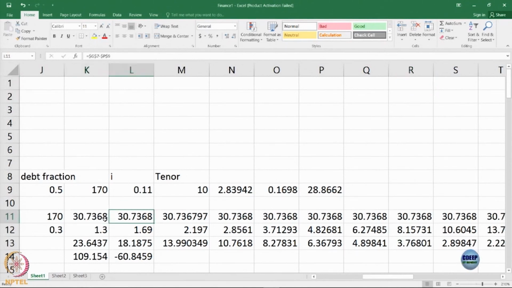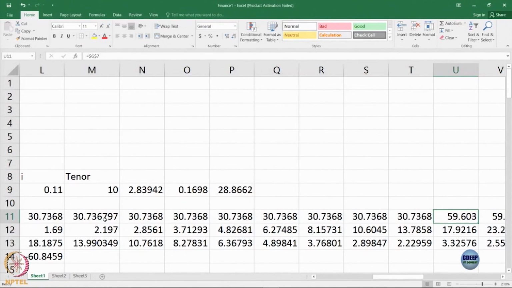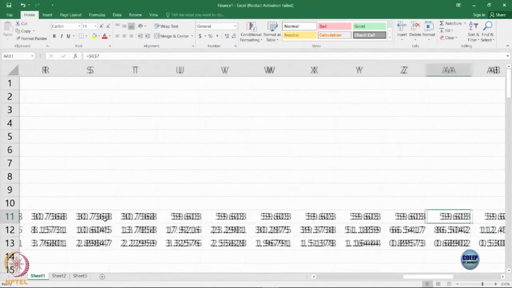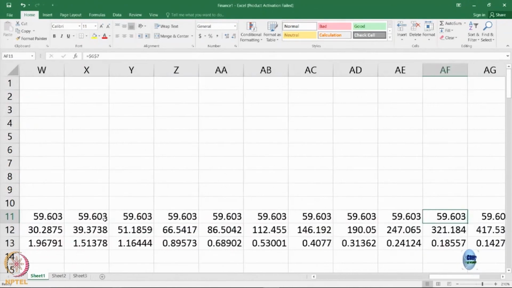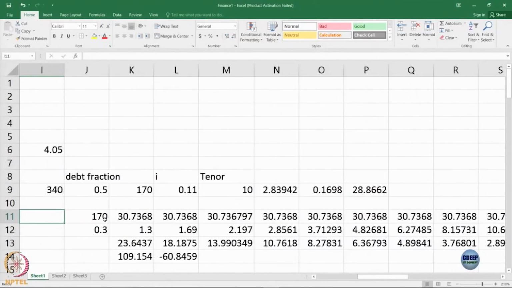If you see 1, 2, 3, 4, 5, 6, 7, 8, 9, 10 years. After the 10th year, from the 11th year onwards, it's 59.6 crores, and this goes on till 25 years. Each year, what we have done is we have divided, we will take an assumed value of r.